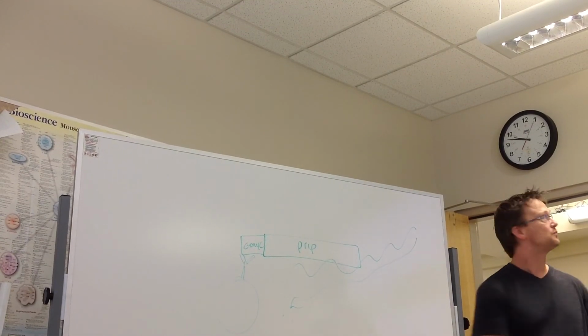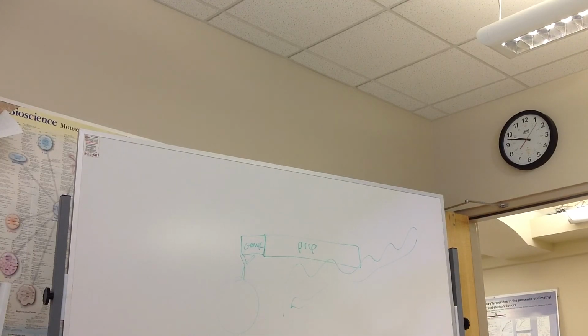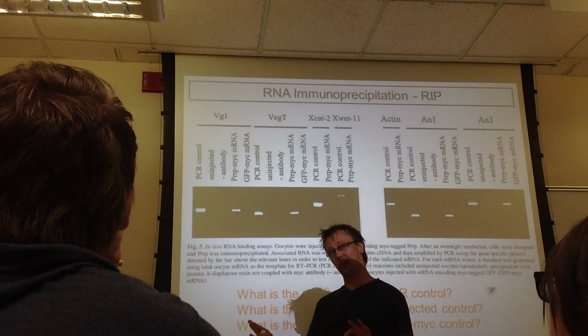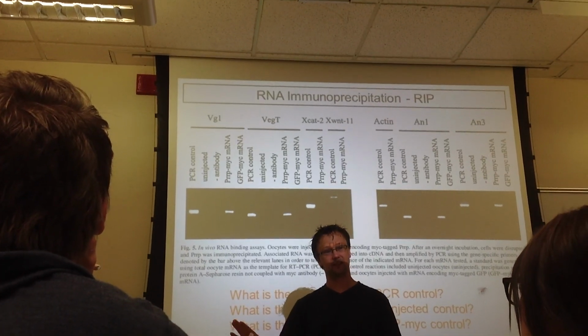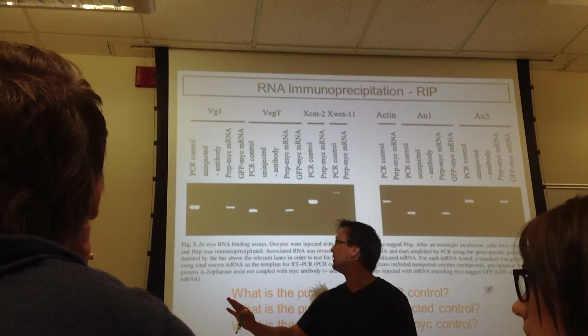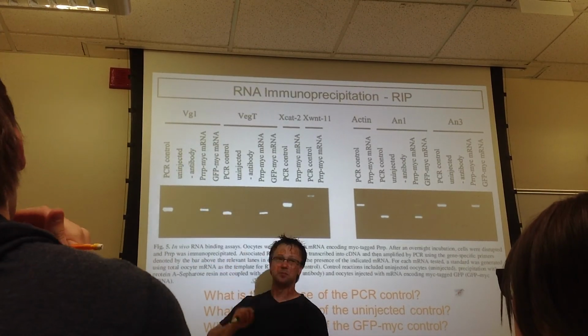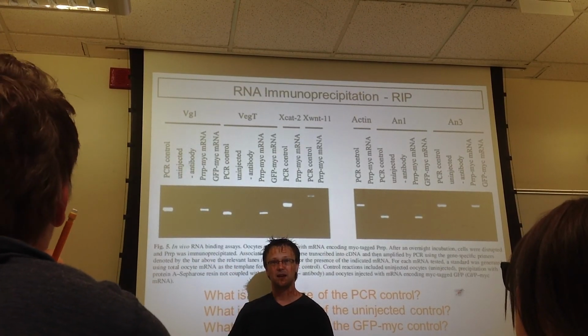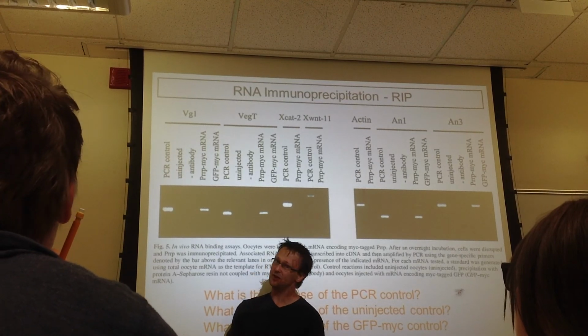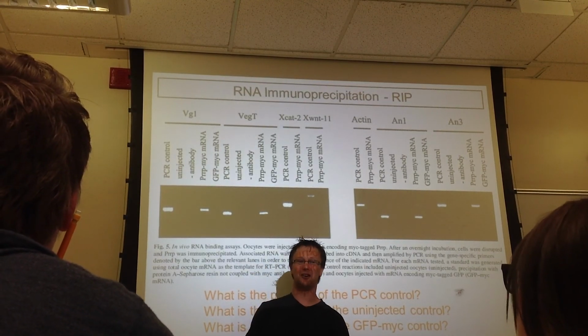Okay? So, here's uninjected. This protein exists normally in these cells. This PRRP. So, if we don't inject our PRRP with the Myc tag, and we use a Myc antibody, we shouldn't be precipitating this RNA.